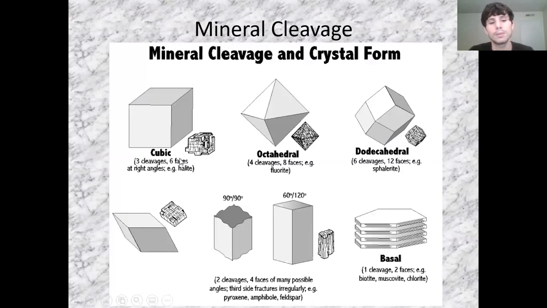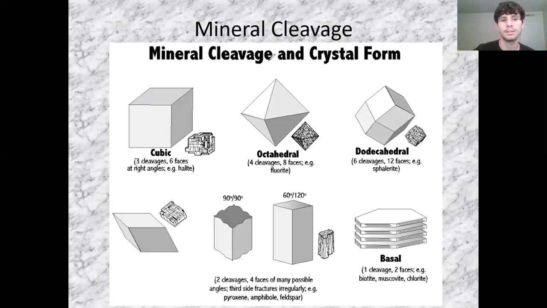If you take a cubic mineral, that means it has three planes of cleavage and 6 faces. So I'm going to draw that out to give you guys a visual. How these planes of cleavage are identified is almost called the crab pinch method.